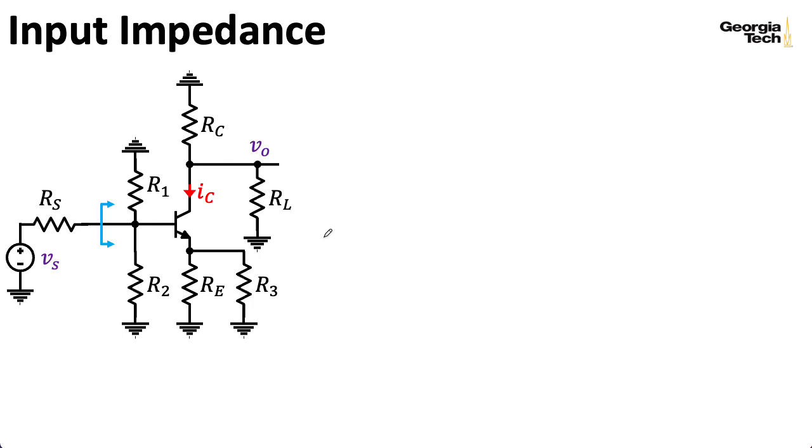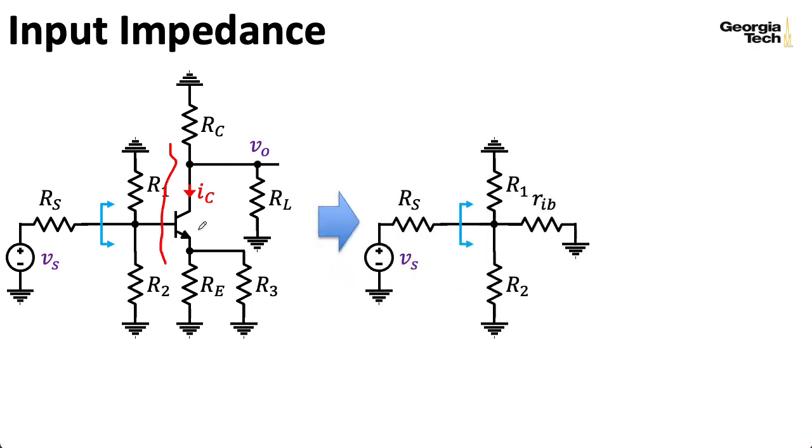So what we're going to do here is take all of this stuff on the right and replace it with our Thevenin equivalent circuit seen looking into the base. Now, in general, that Thevenin equivalent circuit will have a voltage source here, but because we don't actually have any voltage sitting out on the emitter side, we don't over here either. So we just have this resistance RIB seen looking into the base.